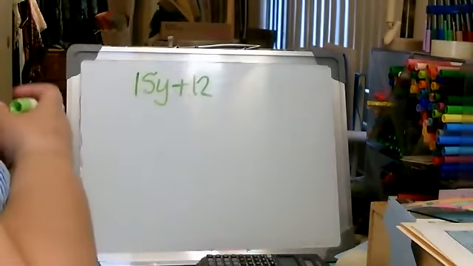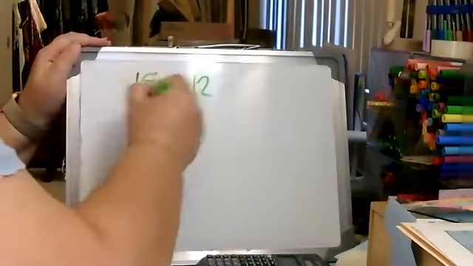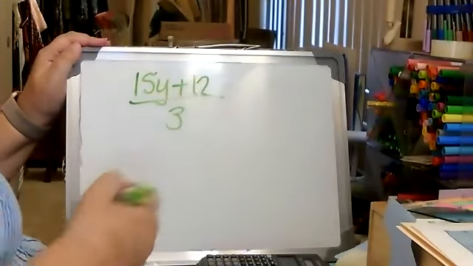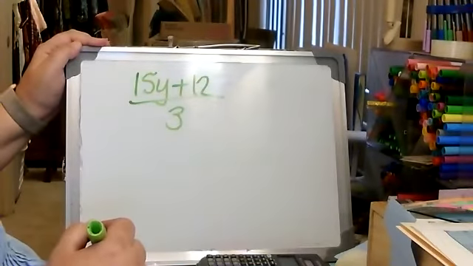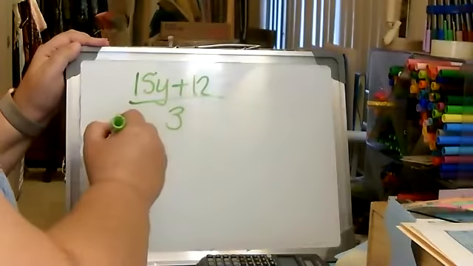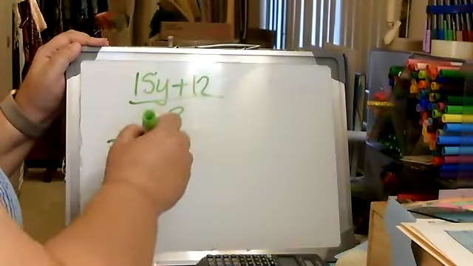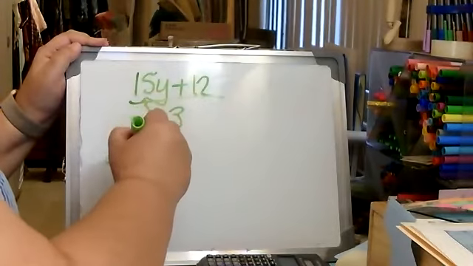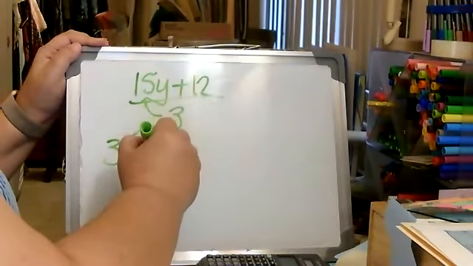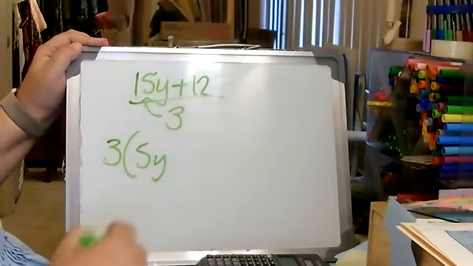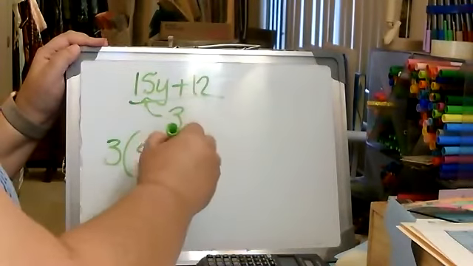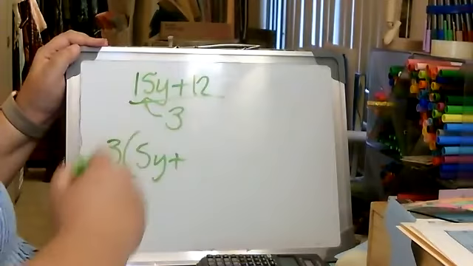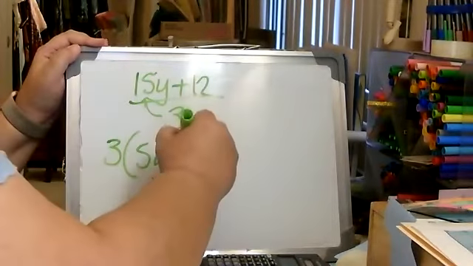You can do it any number of ways. You can divide it out using a fraction, and that's probably one of the easiest ways, knowing that you're going to put this 3 out here on the outside of the parentheses. 3 goes into 15 how many times? 5, and that y has to stay there, and it's plus, so we're going to put that, and 3 goes into 12 how many times? 4 times.